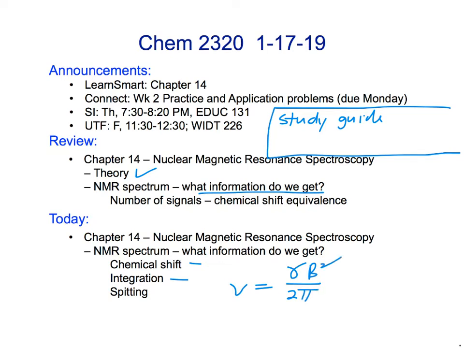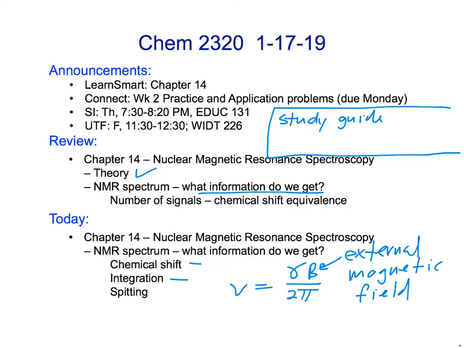And remember that this B value is the external magnetic field. Okay, so this is the magnetic field generated by this big superconducting magnet.